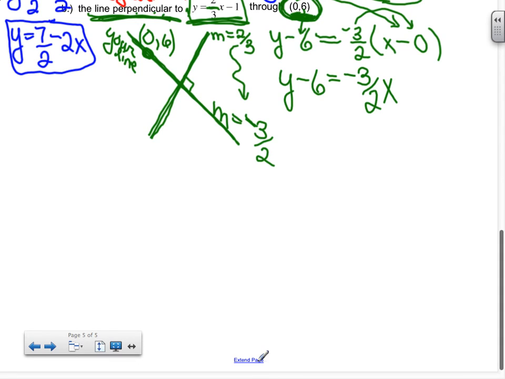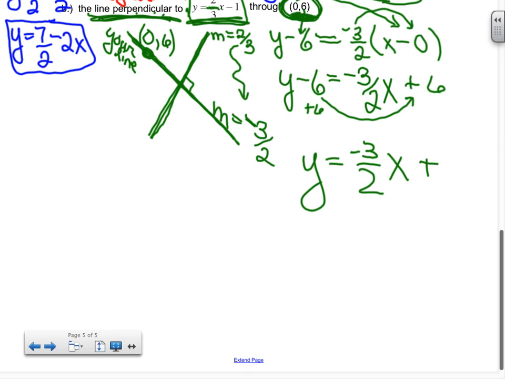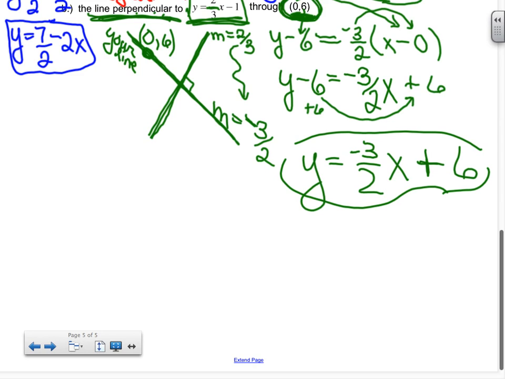Now you move the 6 over here by adding 6, so you end up with y equals negative 3/2 x plus 6. Okay, now this is the answer to your line. Your line being right here. That's your line.